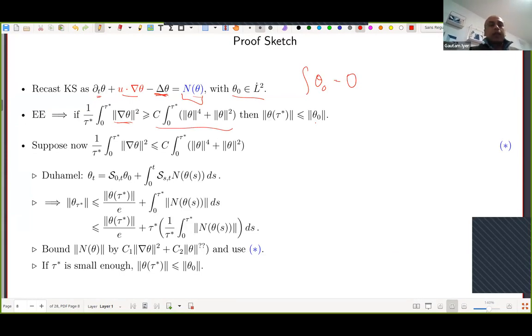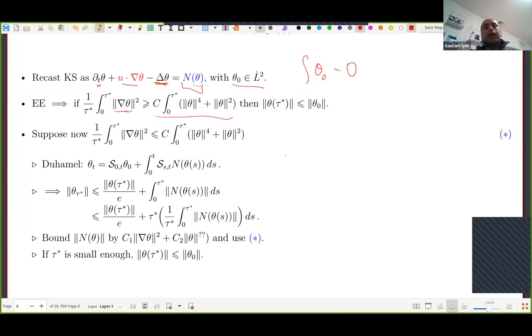Now suppose I did not have this condition, which is, suppose my time average of the H1 norm was below what I got from the nonlinearity. Now that I'm reading this, there should be a 1 over tau star on the right-hand side. My apologies, sorry for that typo.